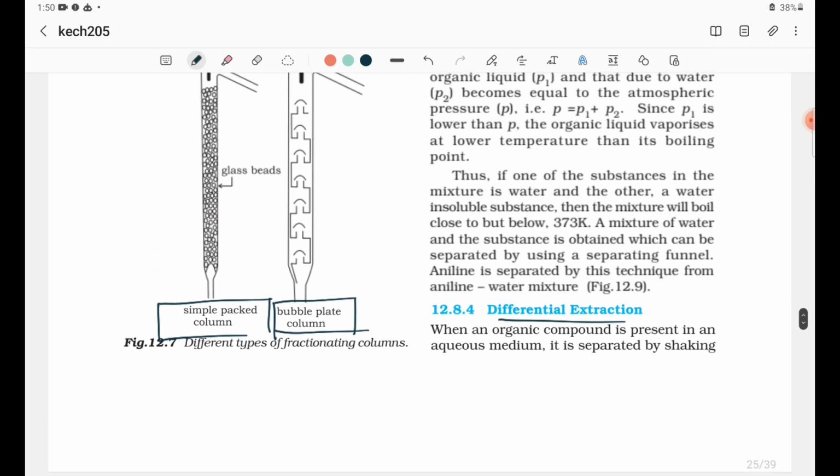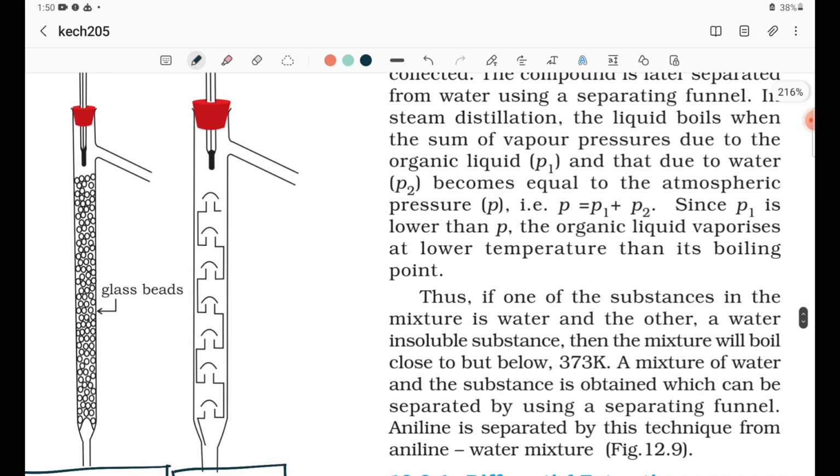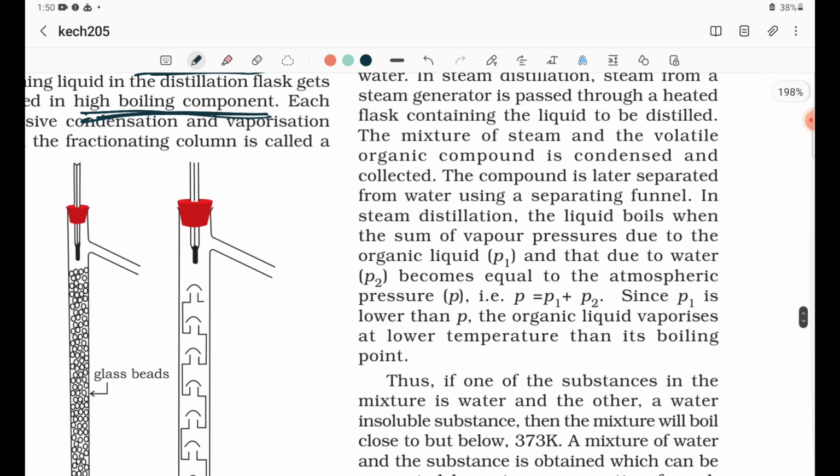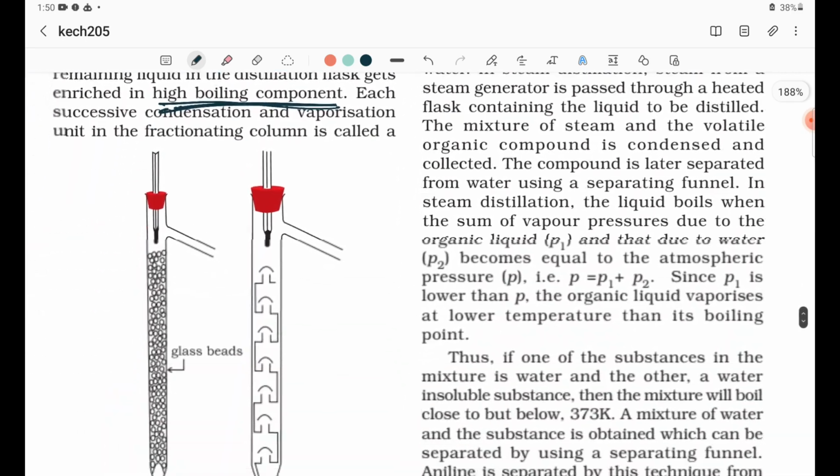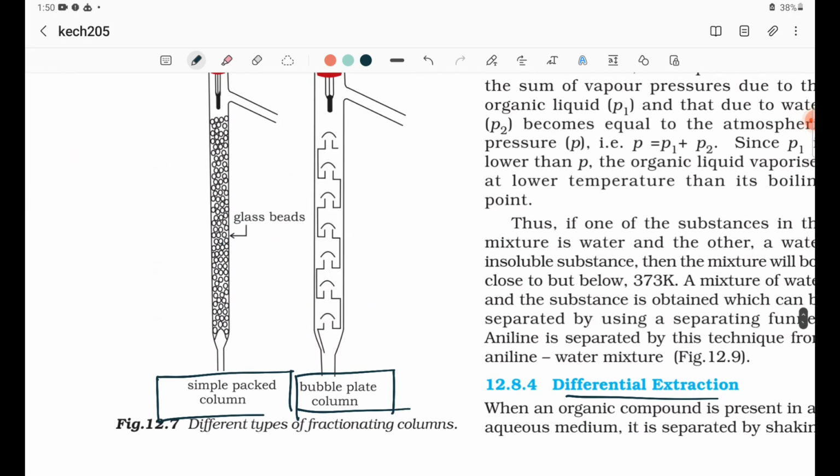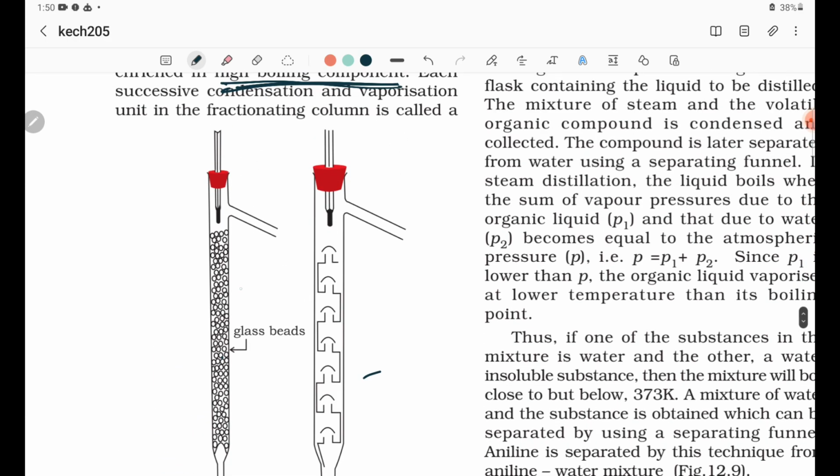Now why are we studying this from NCERT? We are studying this from NCERT because of the diagrams in the book. In NEET, these diagrams will come.